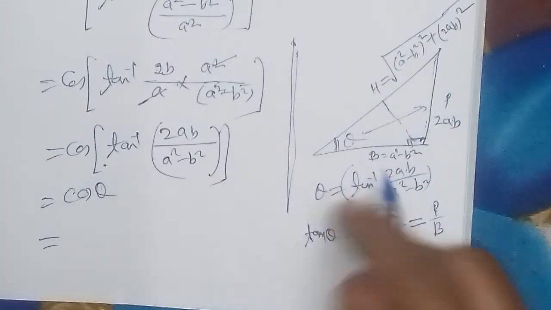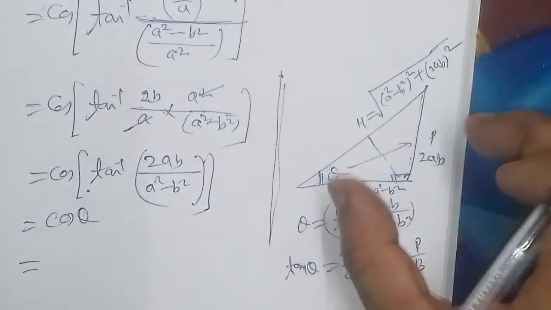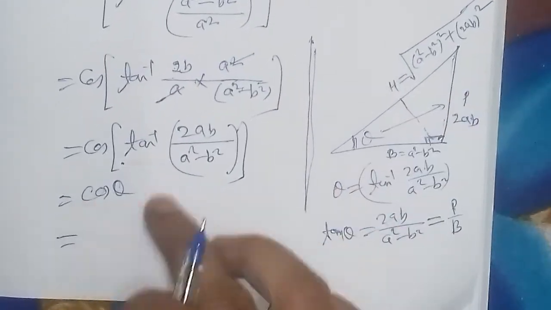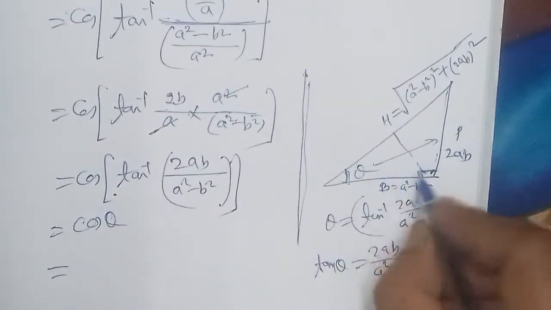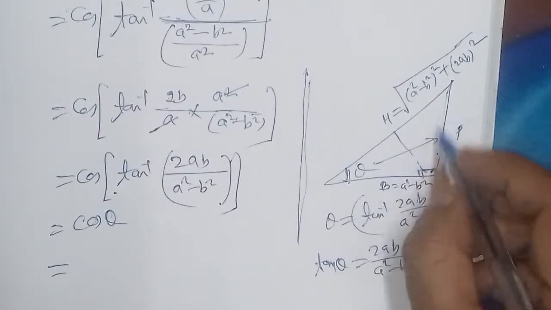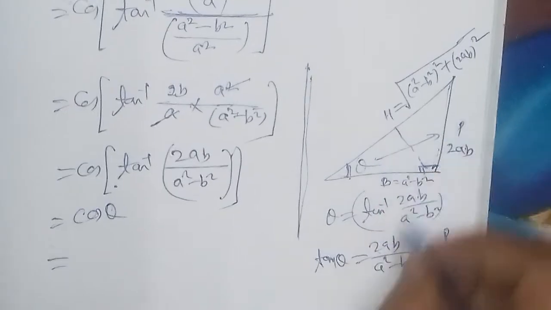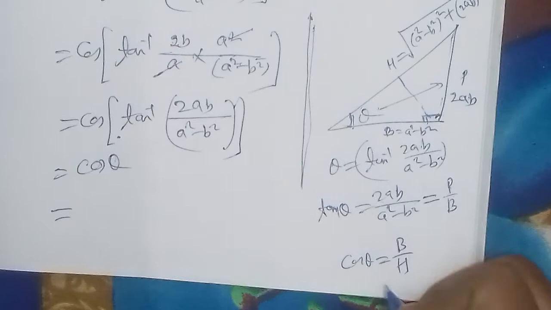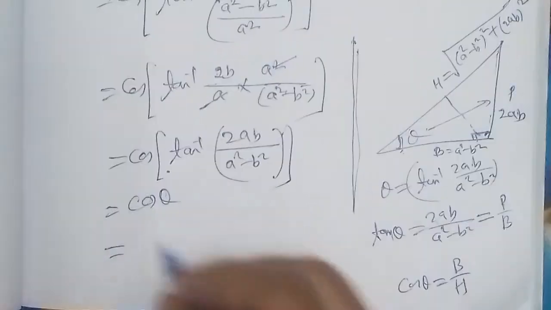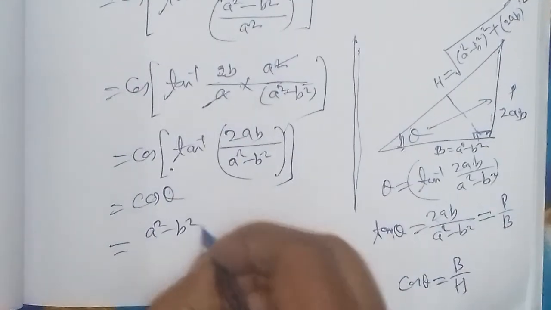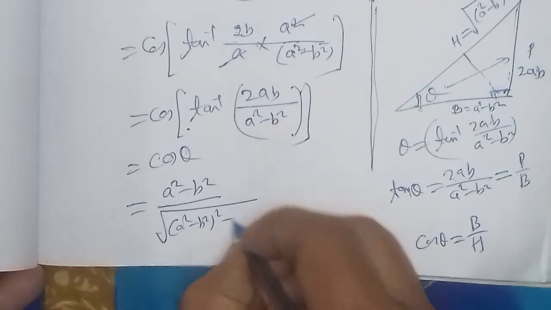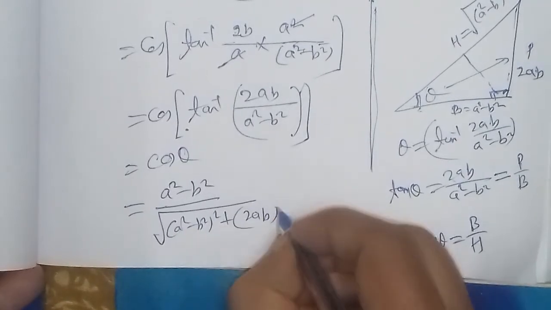You can draw this figure and find the value of cos theta by ratio. We know that cos theta is the ratio of base upon hypotenuse. So here base is a square minus b square, and hypotenuse is equal to the square root of (a square minus b square) whole square plus (2ab) whole square.